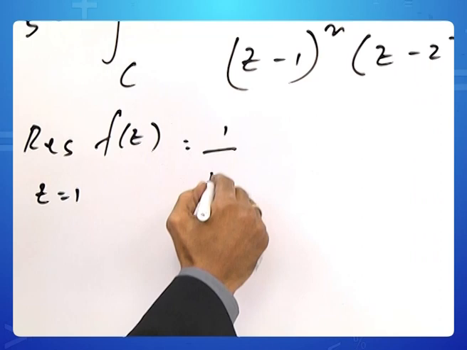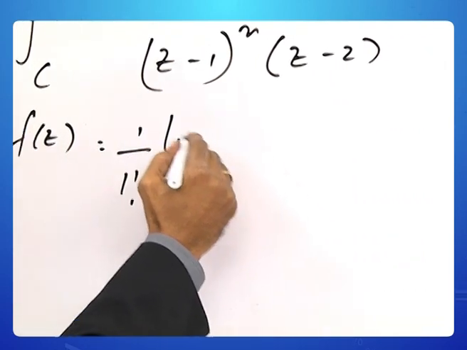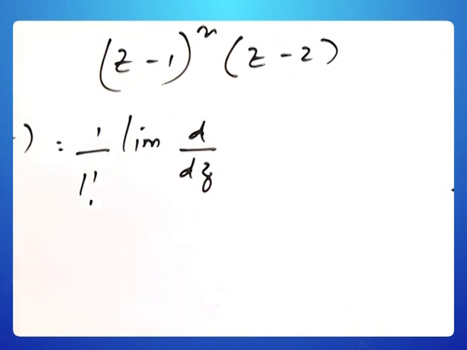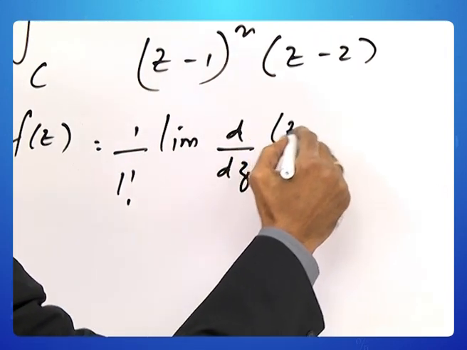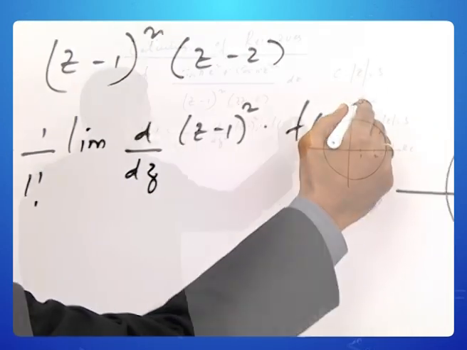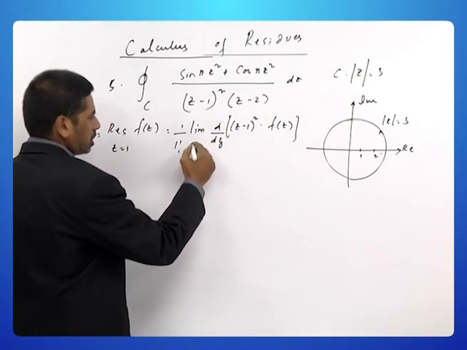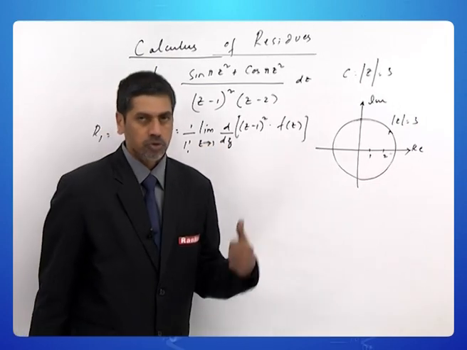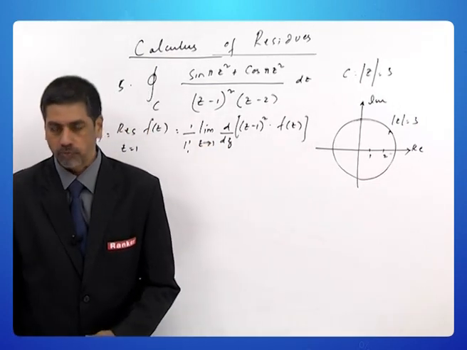This will be 1 by 1 factorial, limit of 1 derivative of (z minus 1) whole squared into the function as z tends to 1. This was discussed in an earlier example also.